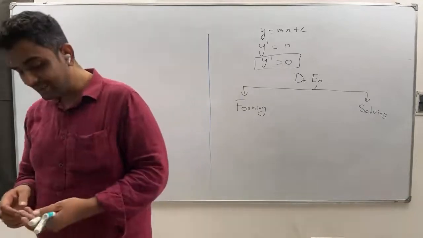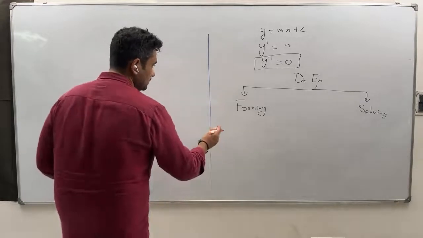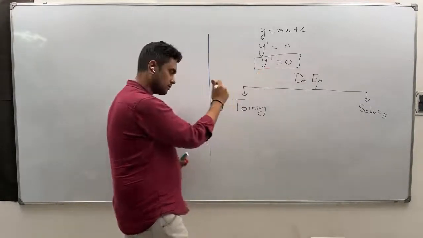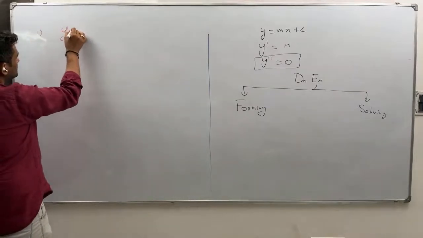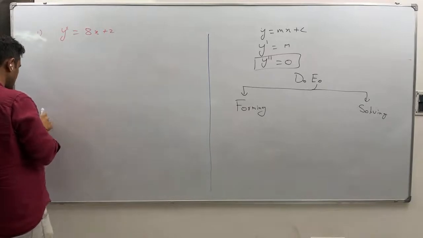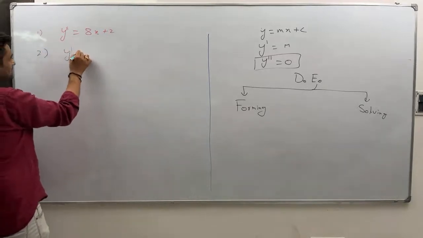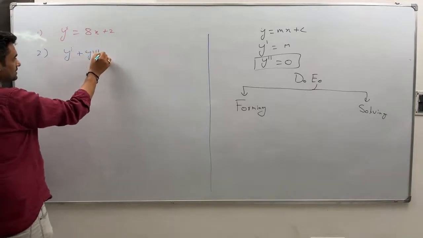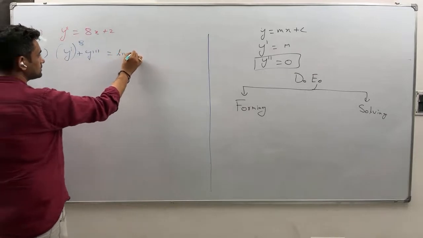Whenever we are finding the order and degree, let me write one or two differential equations. Let's say y double dash equal to 8x plus 2. Or y dash plus y triple dash times y dash whole power 8 equal to ln x.